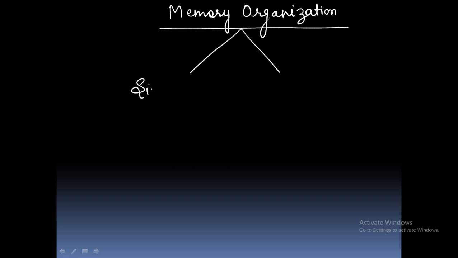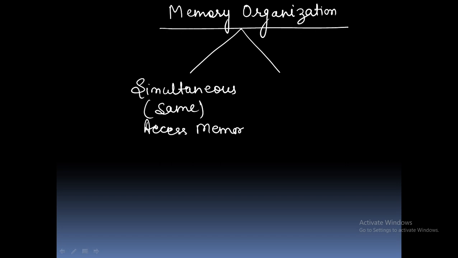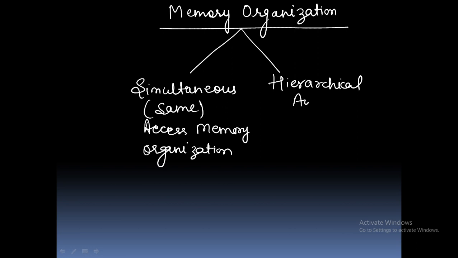First is simultaneous access memory organization, that means the same way. And the second type is hierarchical access memory organization.